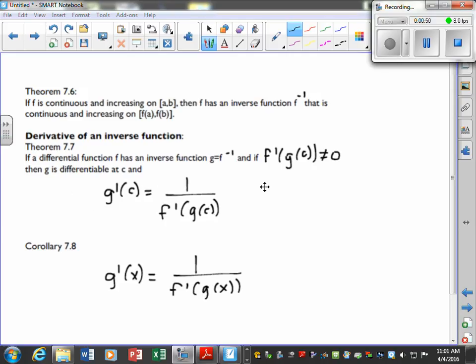If a differentiable function f has an inverse function, sometimes it's called g, sometimes we use f inverse, and if f prime of g of c is not equal to 0, then this theorem, this definition is going to hold true. So the corollary to that is we would plug that in for x, and we'll have the x value, because more often than not, we work with the bottom one in terms of x.